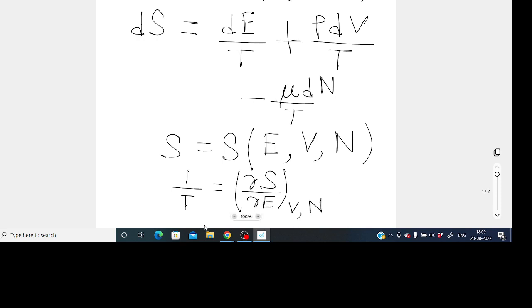So as you can see here, this 1 over T is given by del S del E at constant V and constant N. Similarly, you can see here P by T is equal to del S del V at constant E and constant N.